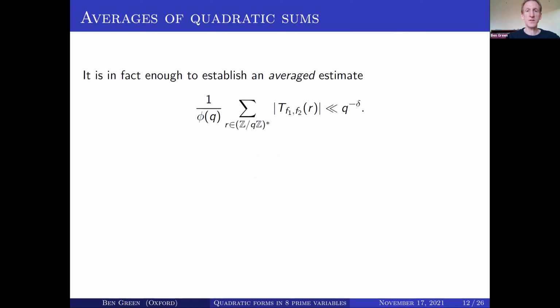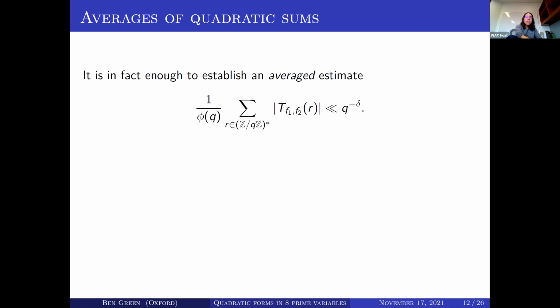So we can't hope to show that those exponential sums t are always small, q to the minus delta, but we just need that on average over r. The example I showed you to show that the trivial bound is sharp will only work for one r at a time. So there's hope of doing this. A counterexample that shows the trivial bound is best possible for r equals 1 won't necessarily be a counterexample for r equals 2.